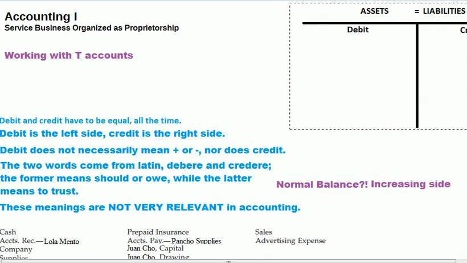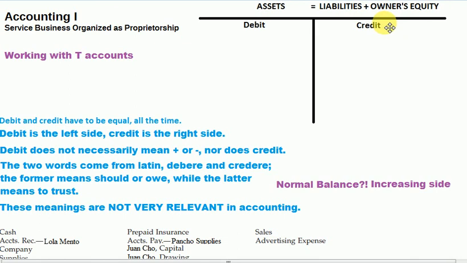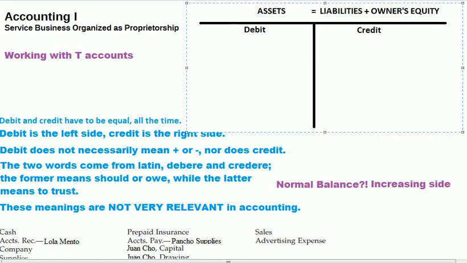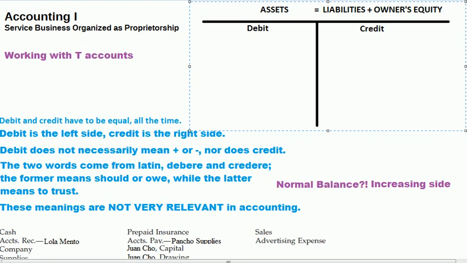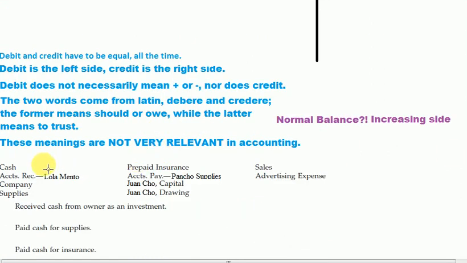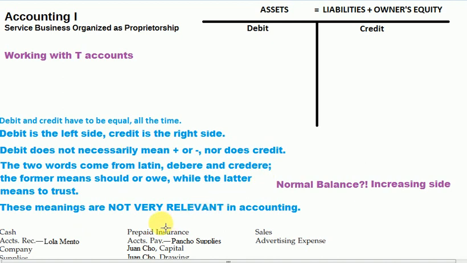So these three elements of the accounting equation are basically the categories. Whenever you look at an account title, you have to classify it. You have to ask yourself: where does it belong?